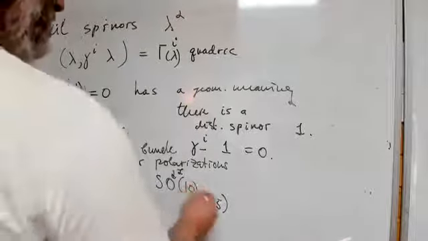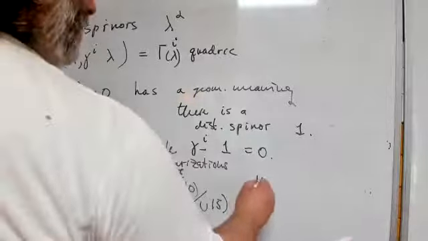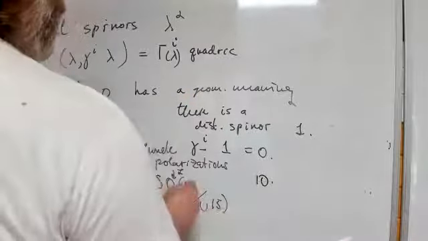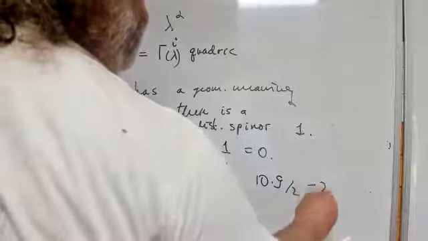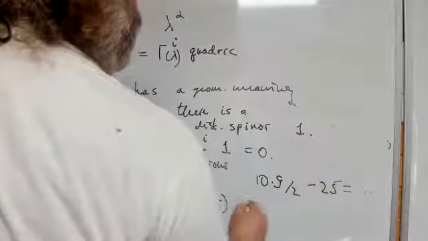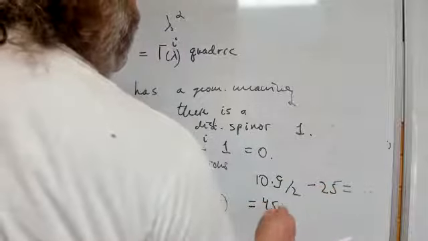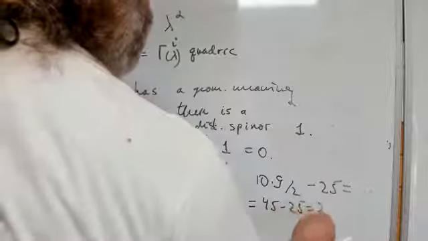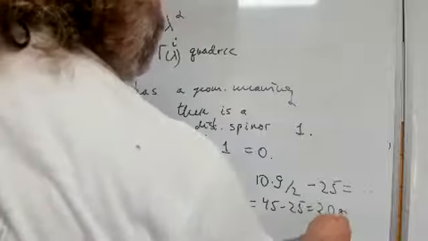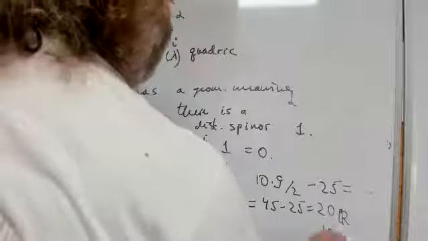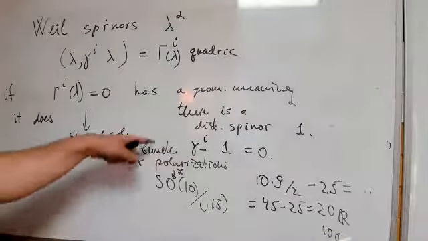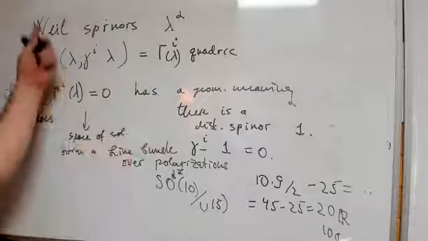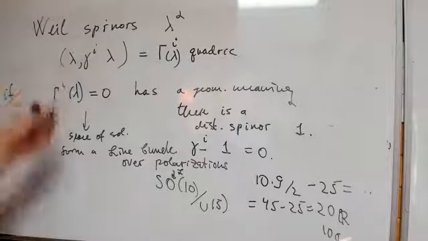So it is 10 times 9 over 2 minus 25. 45 minus 25, it's 20, it's real dimension. 10 complex. And of course, it's a line bundle because we can rescale spinor.